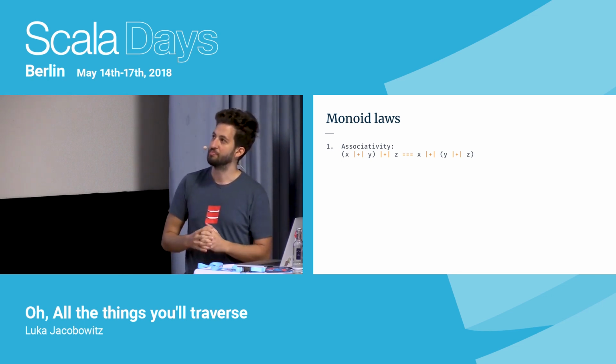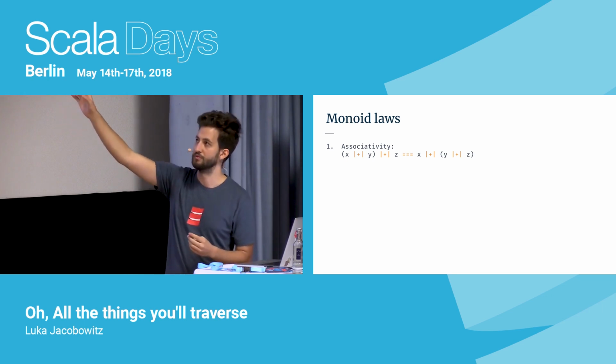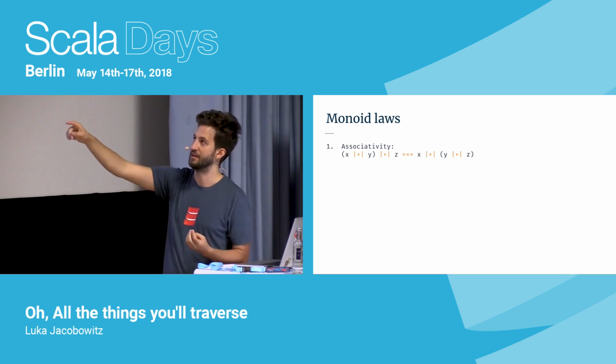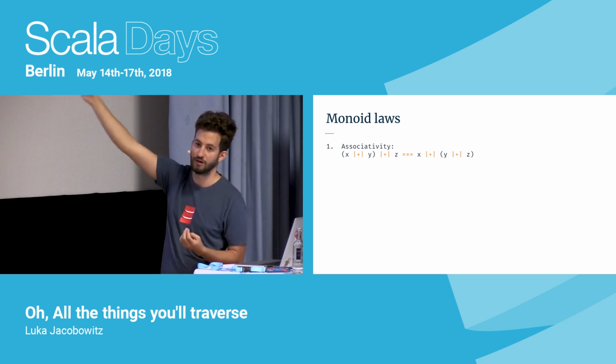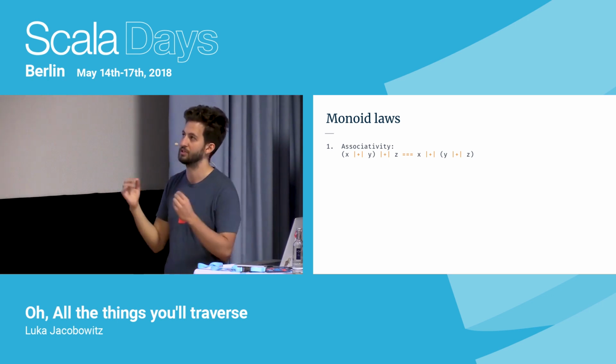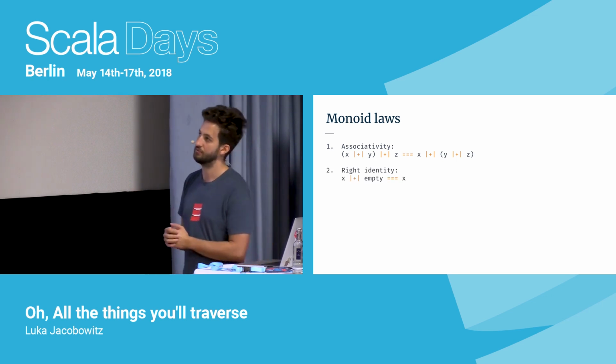But yeah, so it basically means that the combining order doesn't really matter. So x plus y and then plus z has to be the same as x combined with the result of first combining y and z, right? So this is just associativity. It's fairly simple, but it helps us a lot, which we'll see later. Then we also have right identity, right?